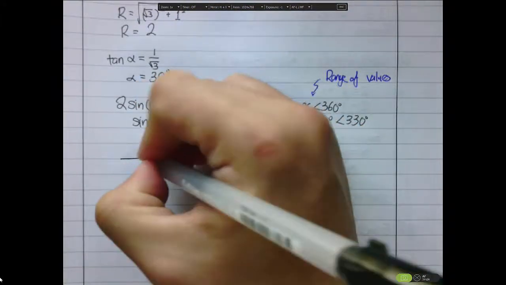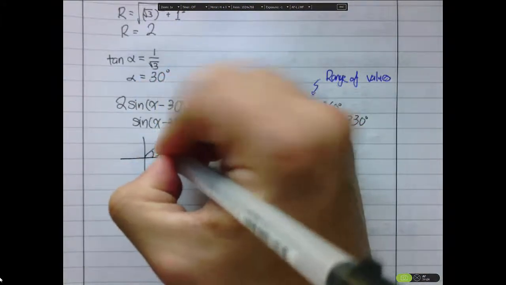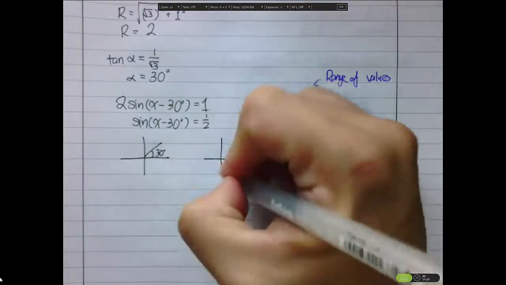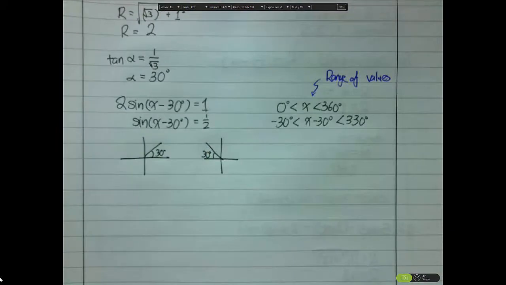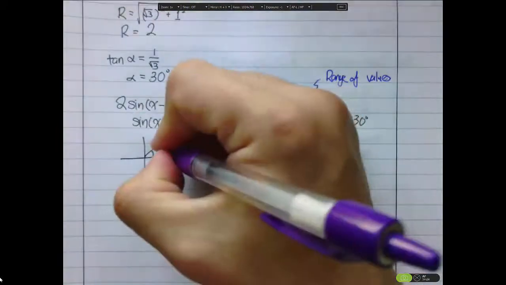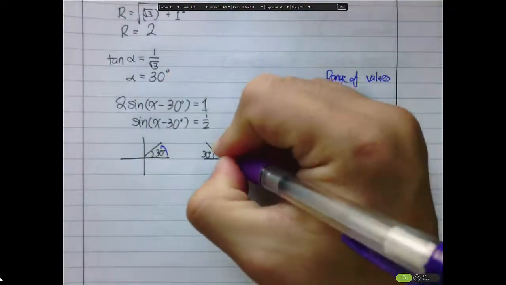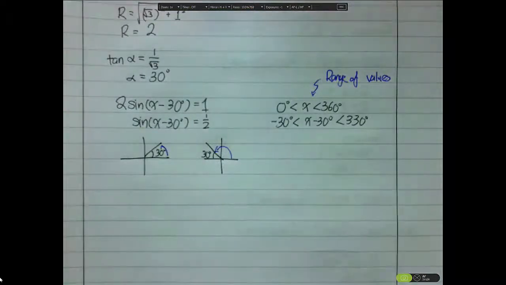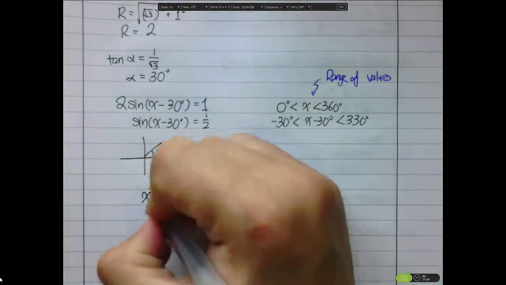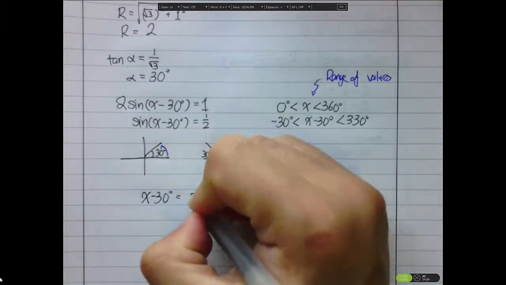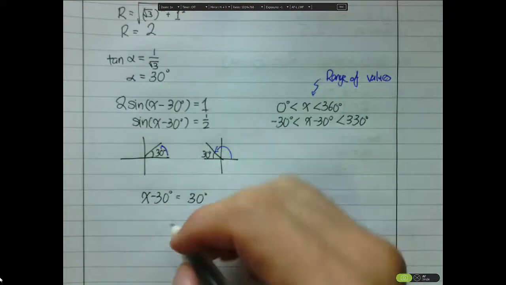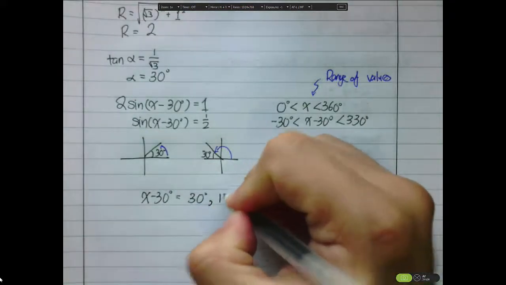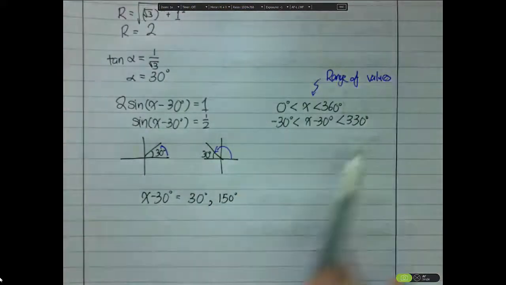I get the first quadrant, which is 30 degrees, and the second quadrant, 150 degrees. So my first two angles will be x minus 30 degrees equals 30 degrees. Check, is it still in the range? It's still in the range. Next angle I have is 150 degrees, still in the range.